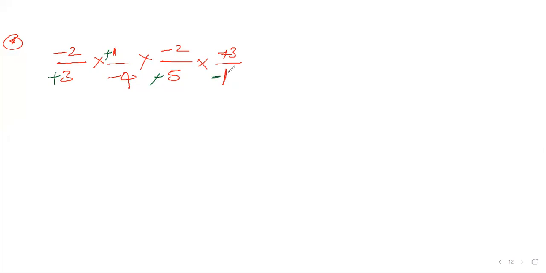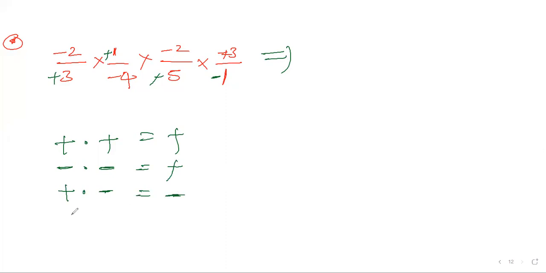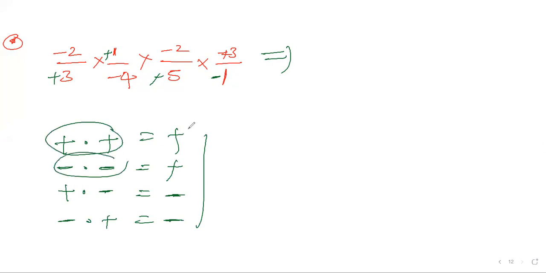So let us see how to do it. First you multiply signs. Once again I'll write: plus into plus, plus. Minus into minus, plus. Plus into minus, minus. Minus into plus, minus. Both are same, you'll get plus.